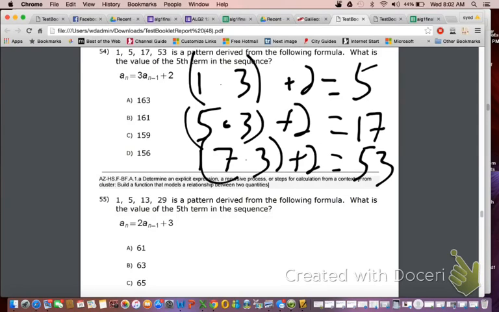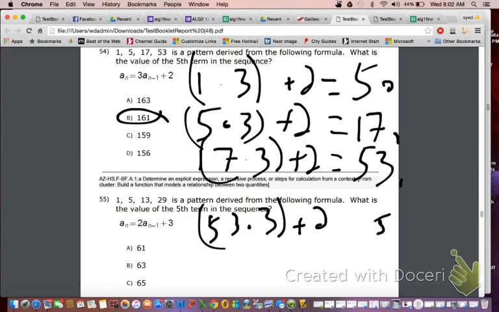This is the second, third, fourth. We want to find the fifth term, so all we have to do is 53 times 3 plus 2. So that's going to be 159 plus 2, 161.